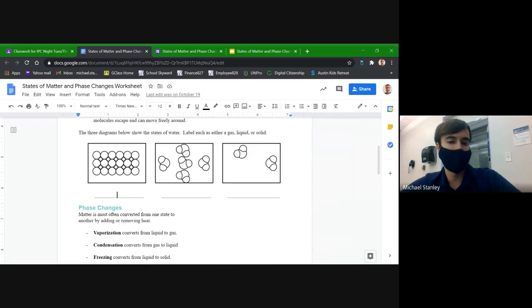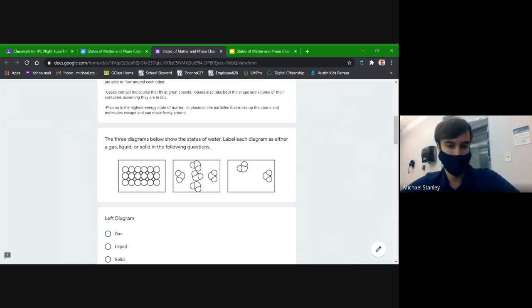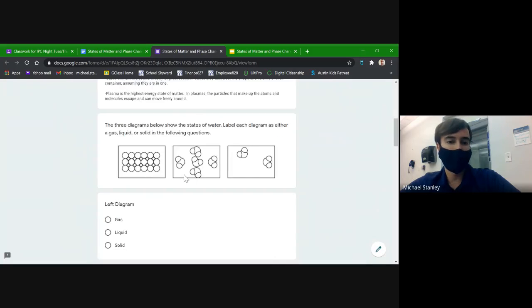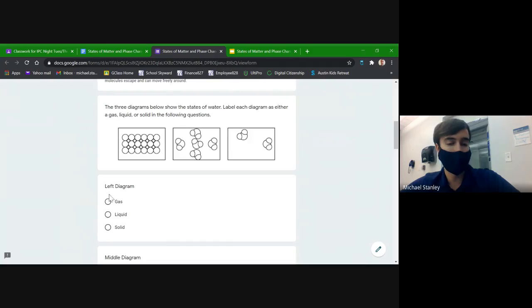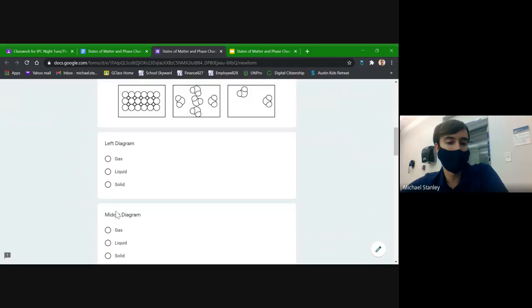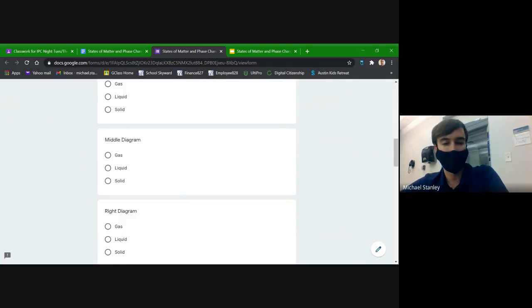Right on the lines right here, you can type in if it is a liquid, a solid, or a gas. And on the Google Form version, there are the pictures, and then down here you just have to pick which state matches the left picture, the middle picture, and the right picture.